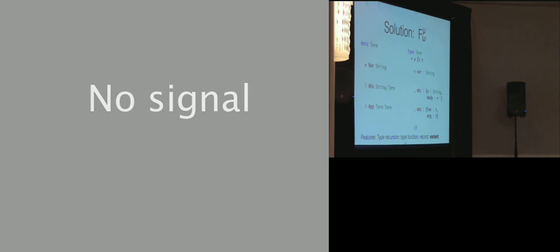And finally, since there are multiple ways of constructing a term, this choice is represented by the variant type here, denoted with angle brackets. Now this notation is kind of standard. It's in the Types and Programming Languages book by Benjamin Pierce.